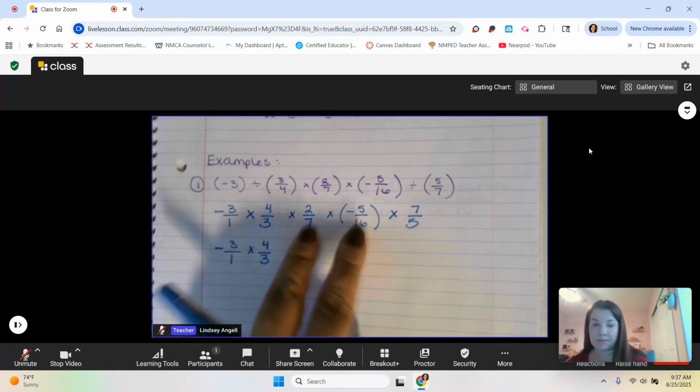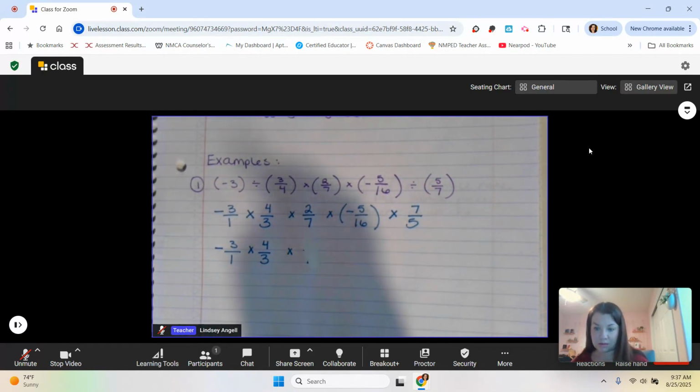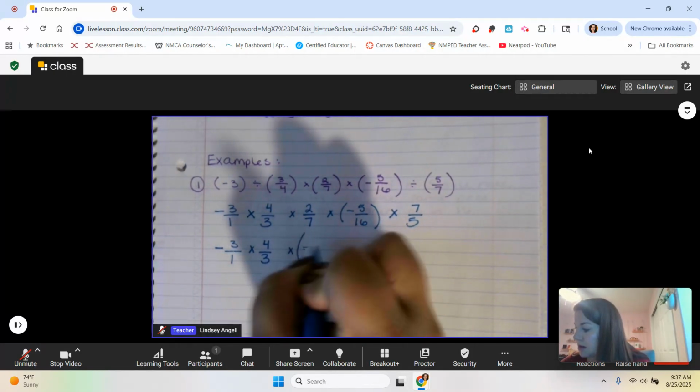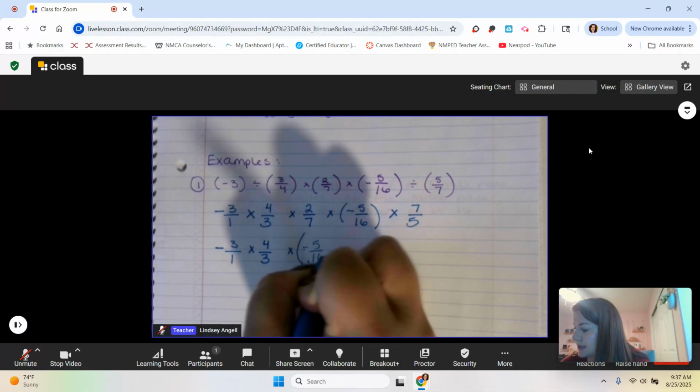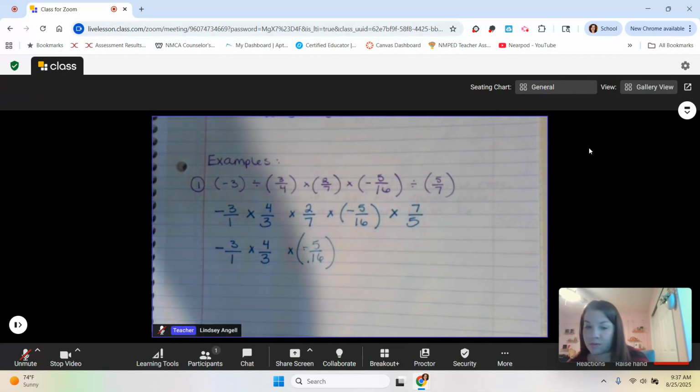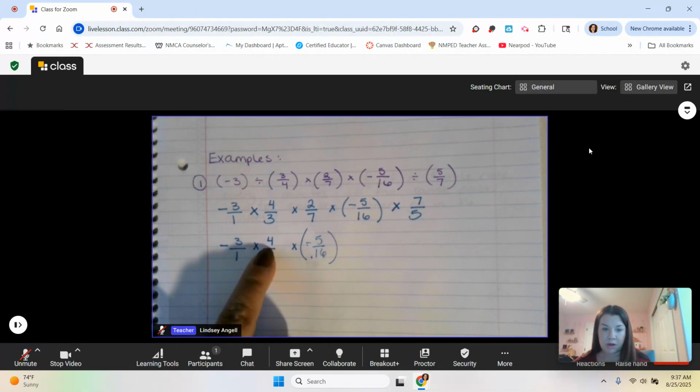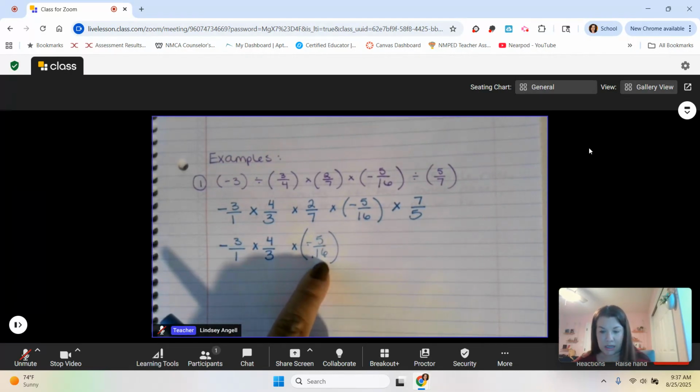What I meant to do is flip these two. Because of the commutative property, I can do that, right? So I'm going to put negative 5/16 here. The reason is that I notice there's a 4 in my numerator here and 16. They have something in common, right? They can both be divided by 4. And I like that, because that will help me reduce.